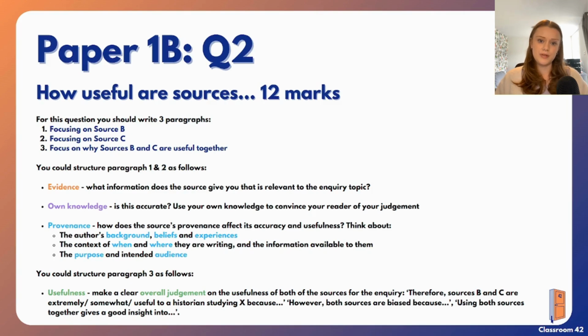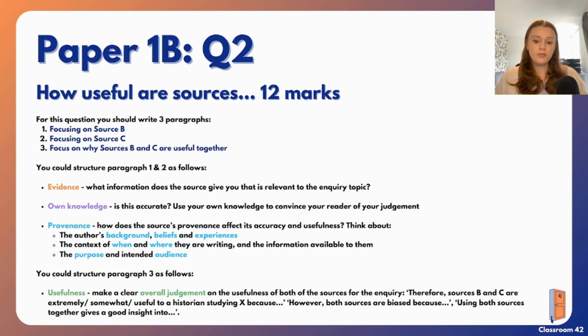Then we want to look at the provenance of the source. As I mentioned before, this is the bit of text that is above the source. It's really important that you look at that. You don't just ignore that and go straight to the source. The things to think about with the provenance are the author's background, beliefs and experiences, the context of when and where they are writing and the information available to them, and the purpose and intended audience.